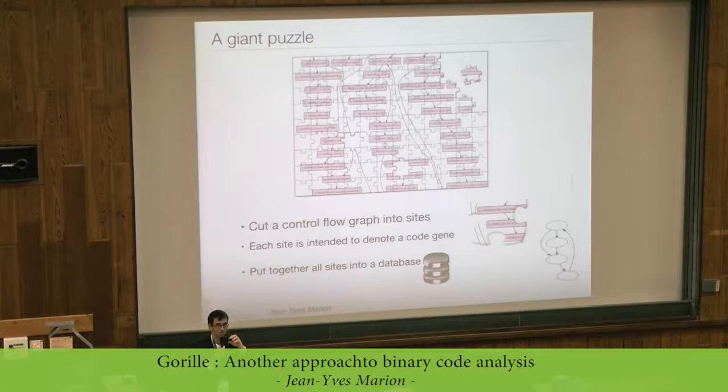Then you have a set of small pieces of your puzzle, which are small abstractions of control flow graph. And now finding some similarities or finding some functions or saying that some program is a malware is just to take these pieces of the puzzle and put them in the program that you are analyzing, seeing the connections and so on. Of course, we will not be able to cover all the program that we are analyzing, but just maybe some part.